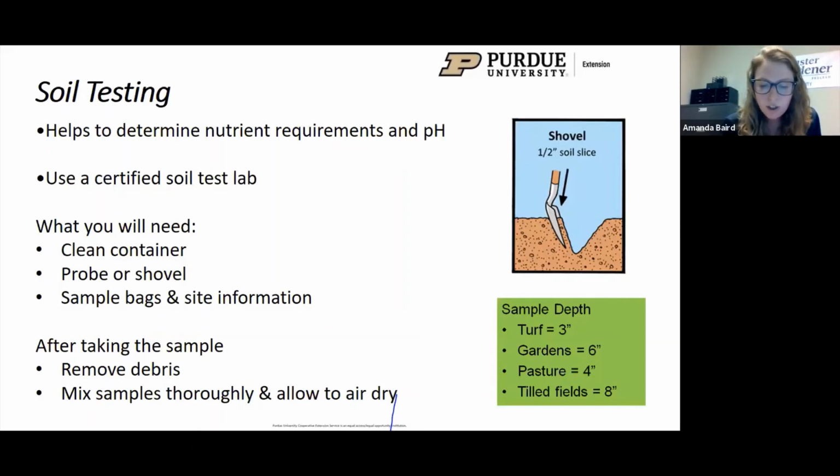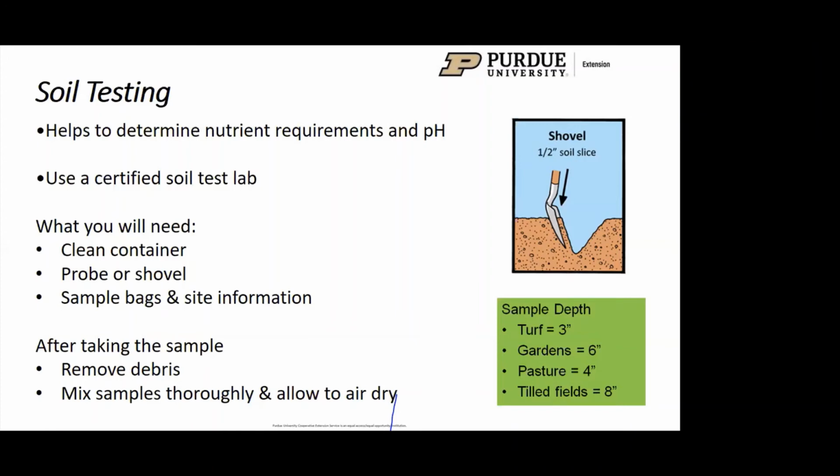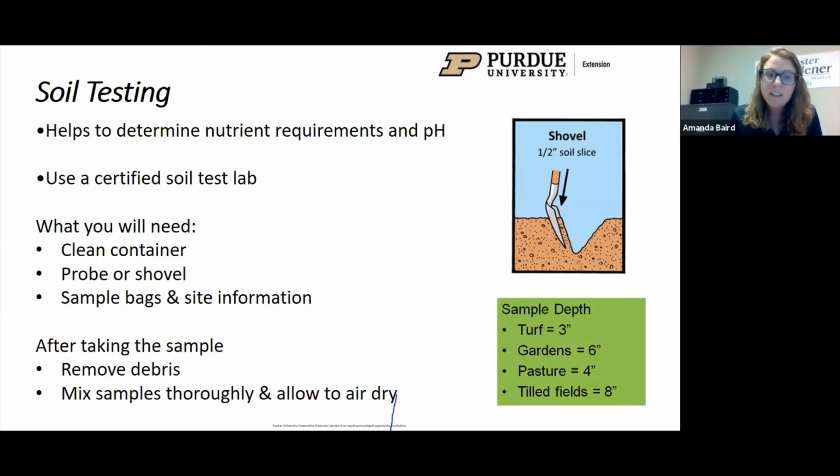And when we're using our garden, we would go in a zigzag or even an M shape, and we take about 10 to 15 of these sample cores. When we take this sample core, we then put it in our bucket. We'll mix that all around. We would remove any of the debris we had. We'd allow it to air dry. Then we take about 2 cups of that soil, and we can put it in our sample bag and we can fill out the information that would be required from the lab. So for example, they might ask you what you plan to plant.